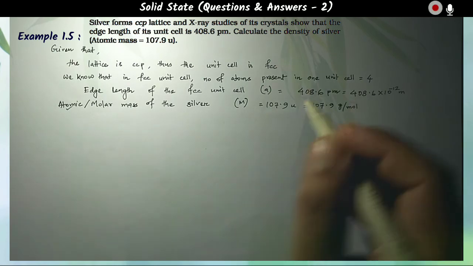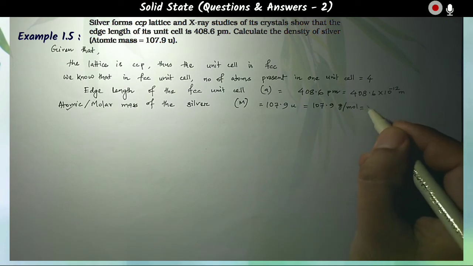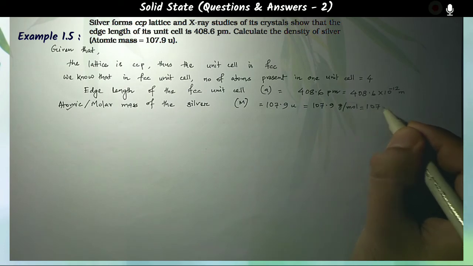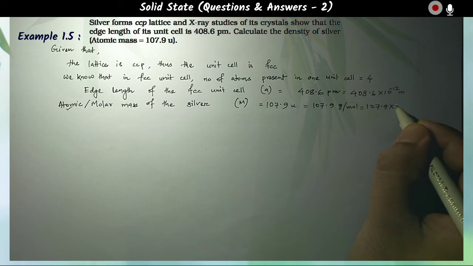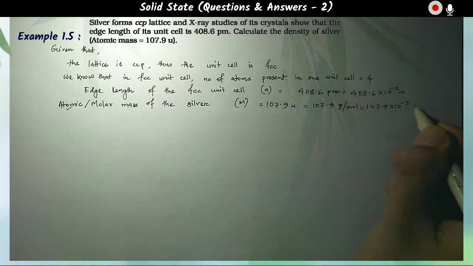Understand? So we can convert this into SI unit, which gives 107.9 into 10 to the power minus 3 kg per mole.